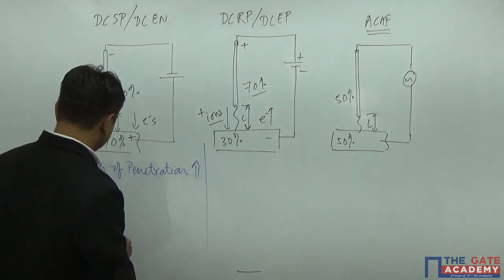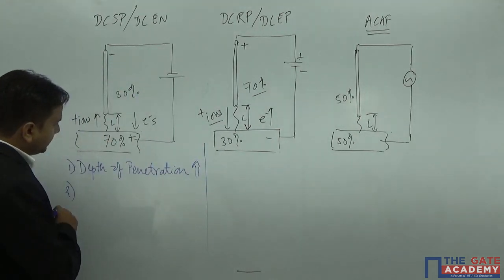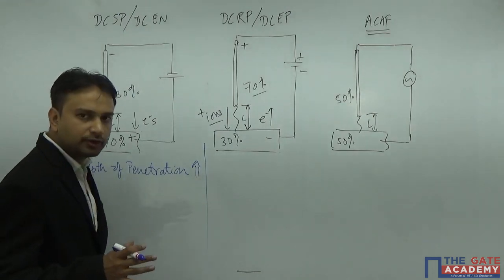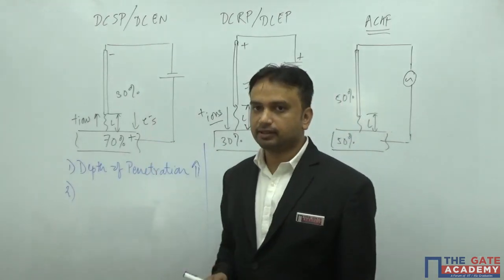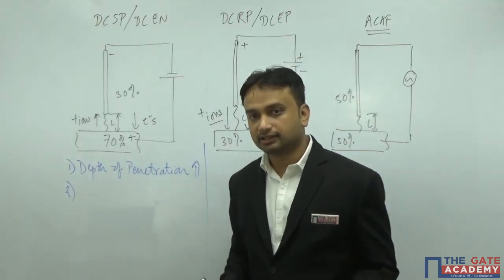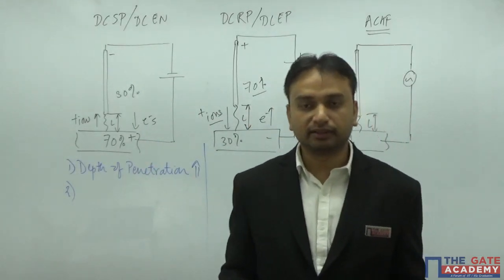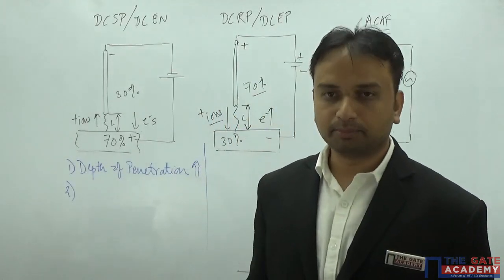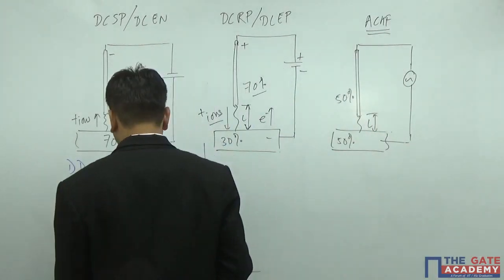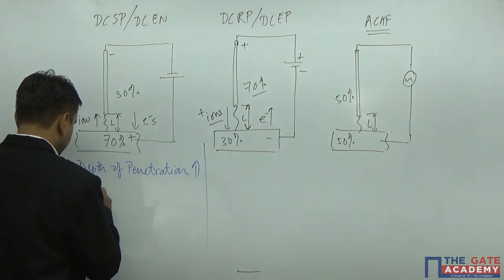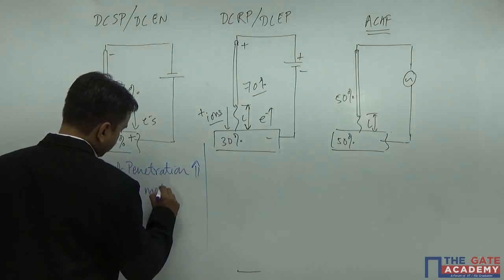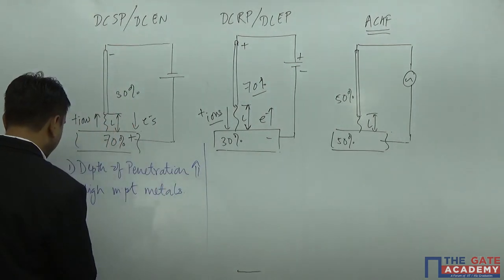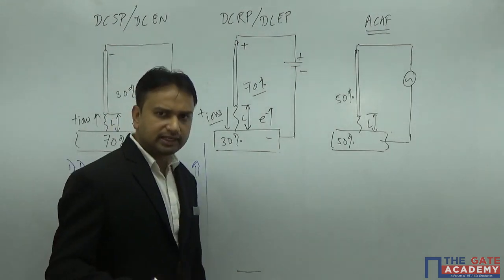And what kind of metals could be welded using DCSP? Yes, because a huge amount of heat is evolved, high melting point metals can be easily welded. So high melting point metals can be employed. Now, what about the welding velocity, welding speed?